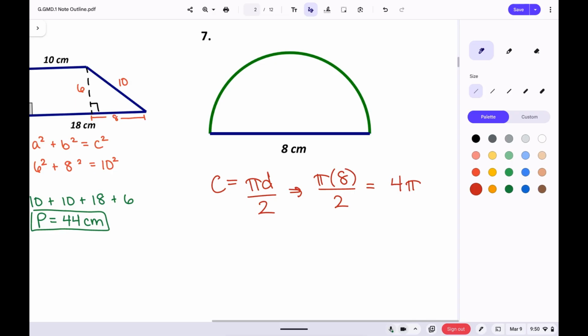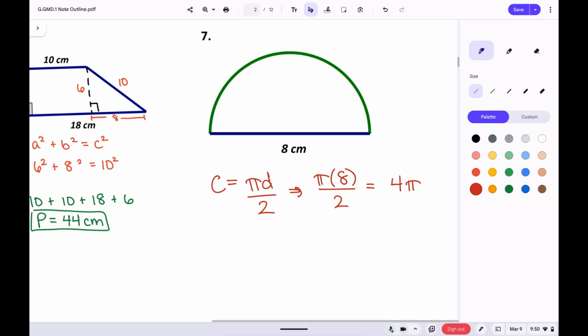A circle's circumference is that curved part of it that goes all the way around. So what is that 4 pi referring to on my picture right now? What part of the circle is this referring to? It's just the outside edge.